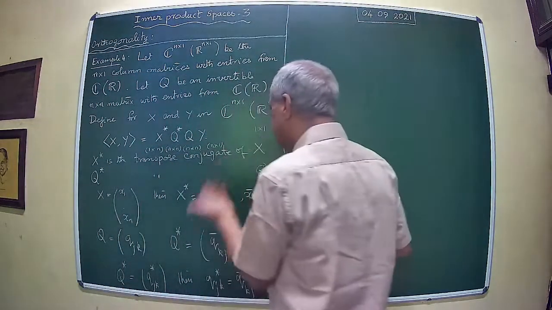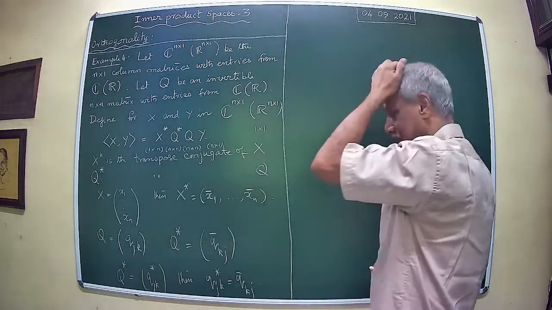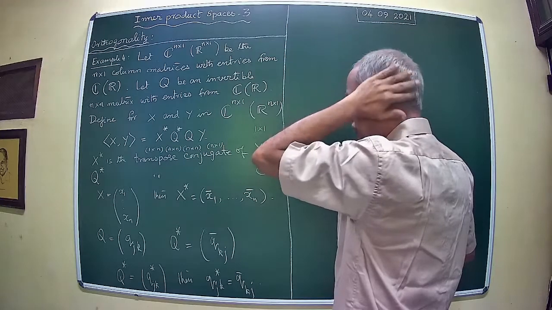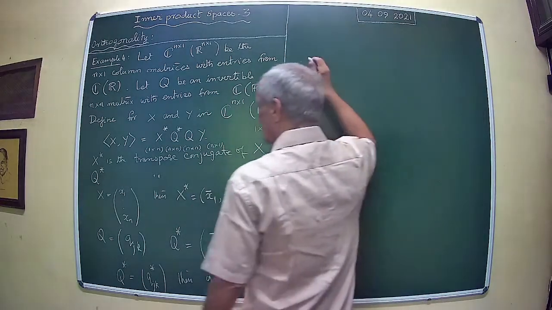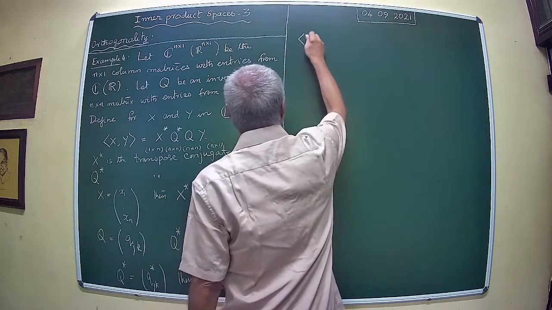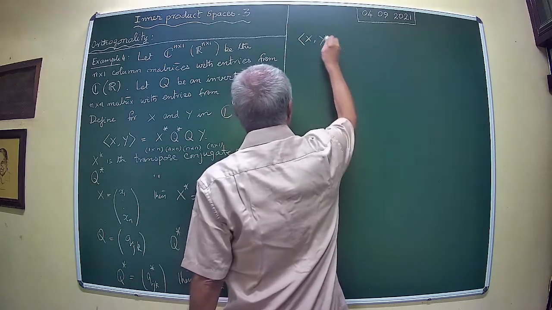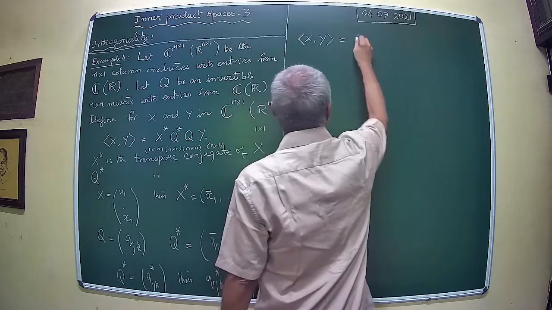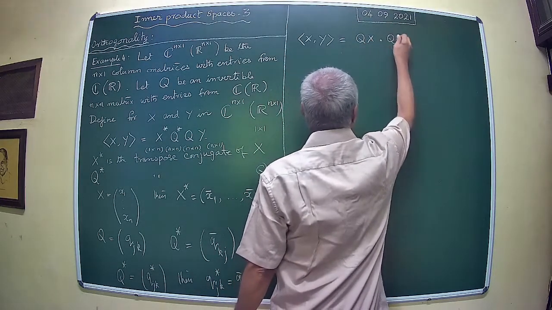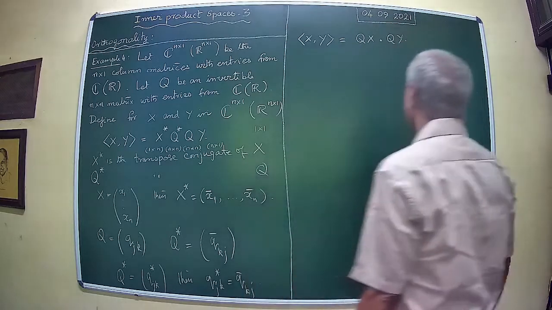So this is essentially Qx, Qy. So this is actually equal to Qx dot Qy.